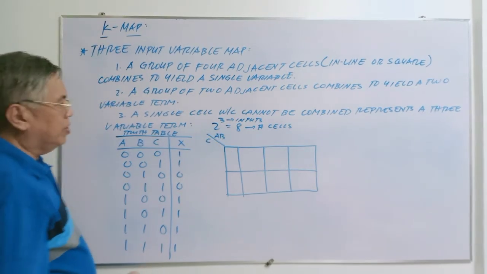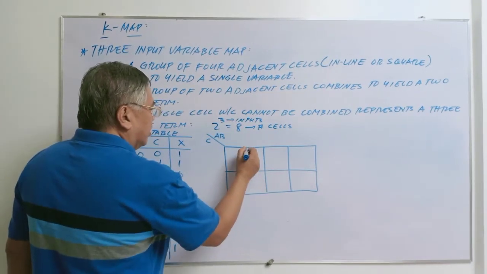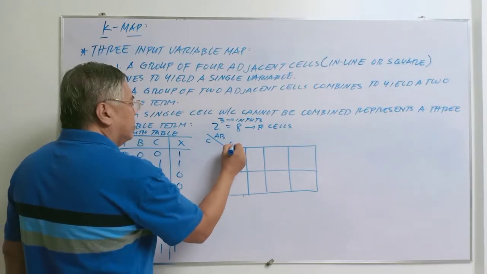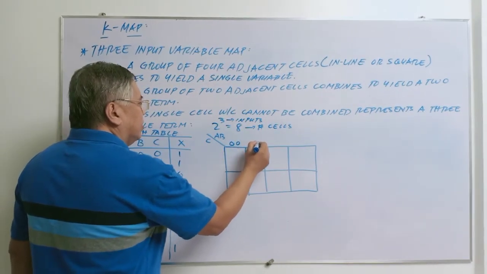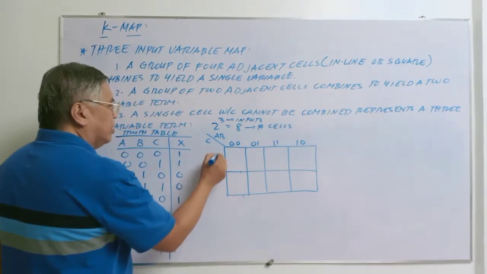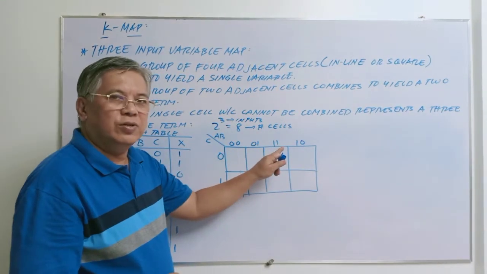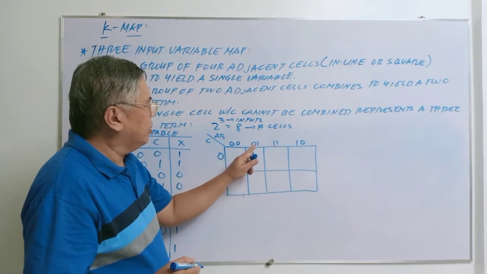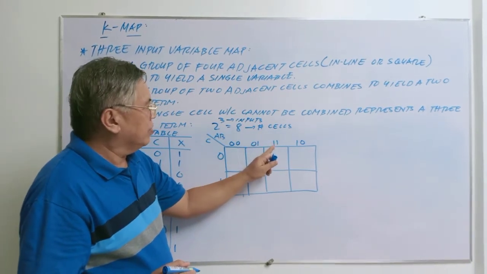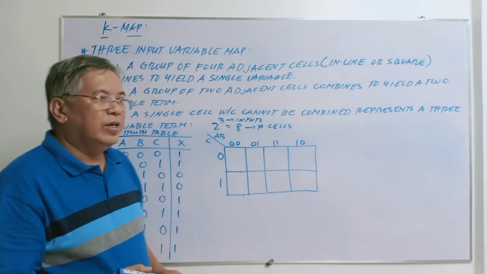So what are the combinational values of inputs A, B, and C? For A, B, you have 00, 01, 11, 10. Then you have 0, 1 for C. Now take note of this condition here: after 01, you have 11 instead of 10. You take first 11 and then 10.